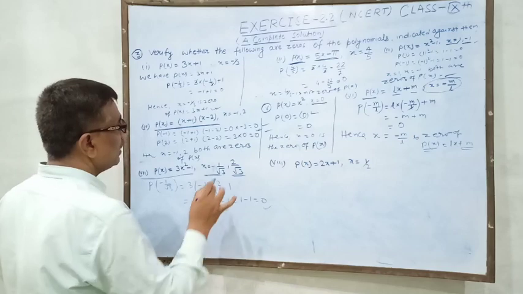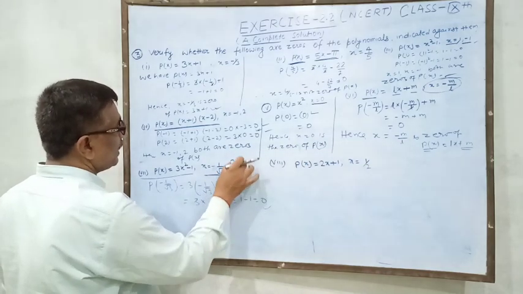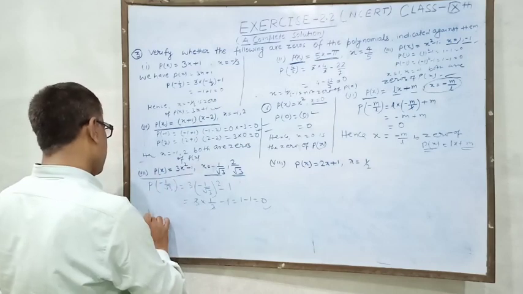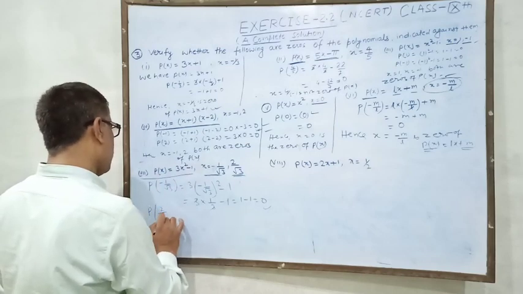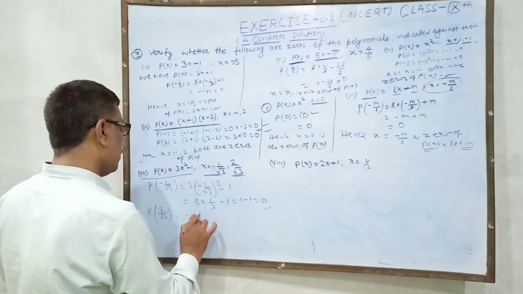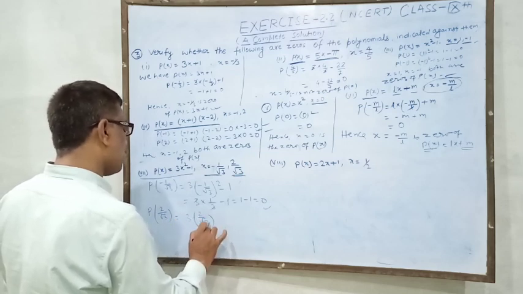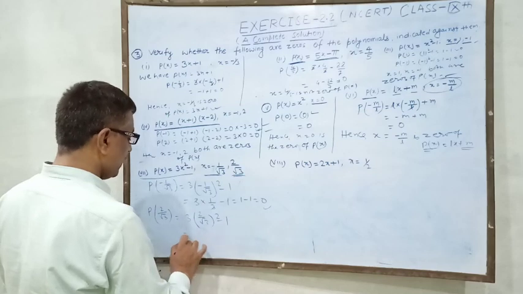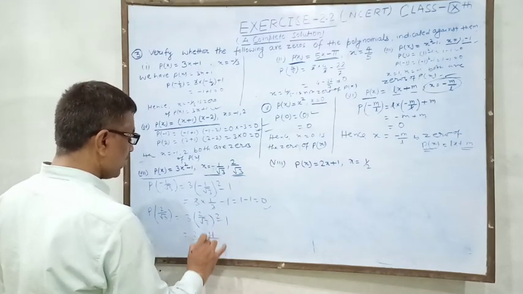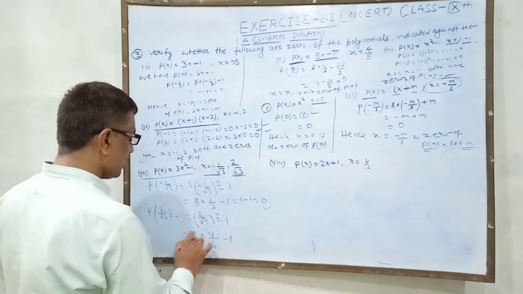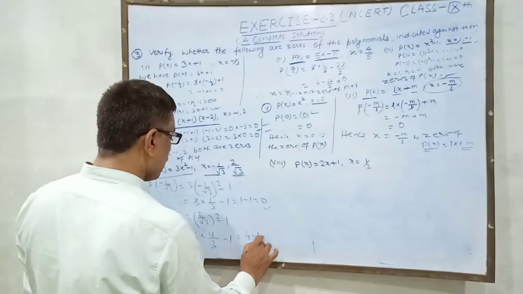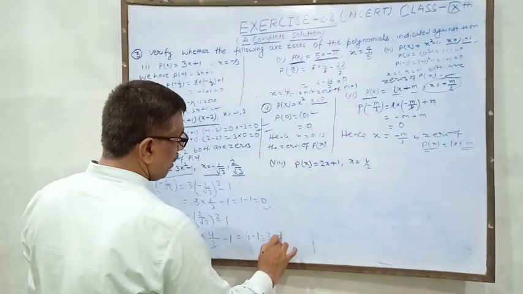It has been cleared. But when we put 2/√3 in place of x in this polynomial, p of 2/√3 is 3 times (2/√3) square, minus 1. You see 3 into 2 square is 4 and √3 square is 3, minus 1. Now it is cancelled, and after that 4 minus 1 equal to 3. Here it is not 0.